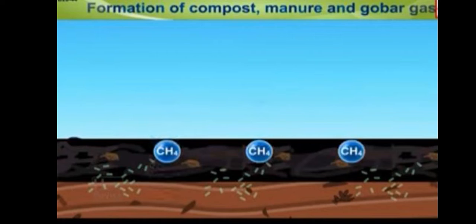When these microbes act on organic waste, a gas is released, and that gas is nothing but methane gas. This methane gas is used as a fuel in our houses and in industries also. So to get this fuel, microorganisms help us.